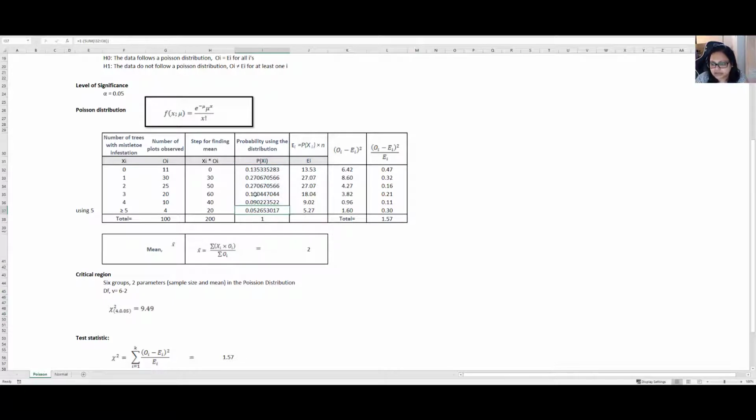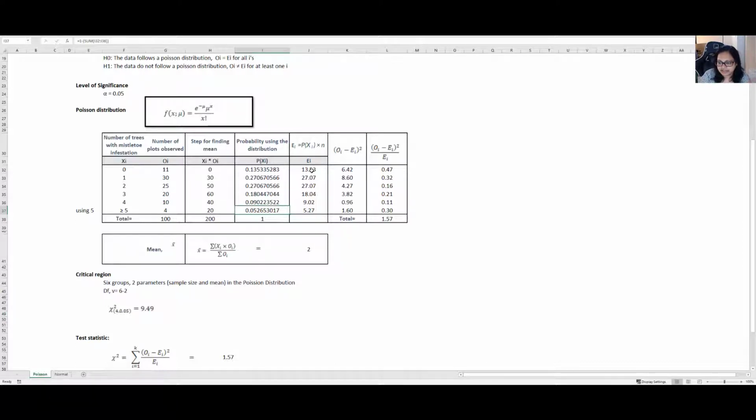That's why I calculated up to here, and then for the last one I said 1 minus that, because you are not going to use only 5, you are going to use more than 5 as well, because we are only considering 5. So all I did is that I also included the other probabilities in here, so that I can get the total probability 1.